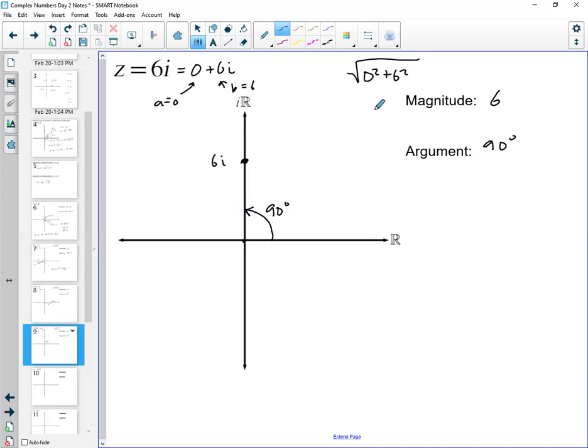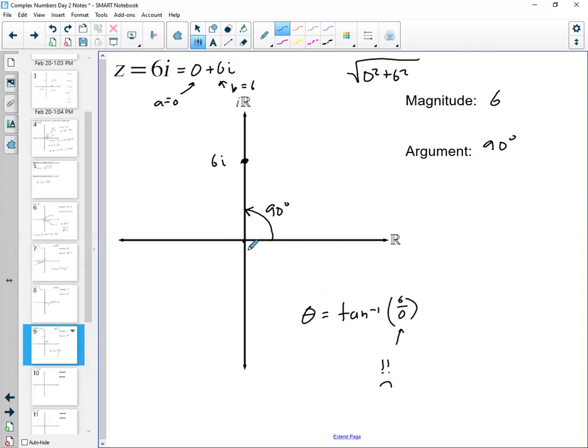The problem with this one is you can't do the inverse tangent trick. If you try to do theta, the inverse tangent of 6 over 0, this is no good. For the ones that are purely imaginary, the tangent doesn't exist, so you're going to have to just look at it and see where it is.